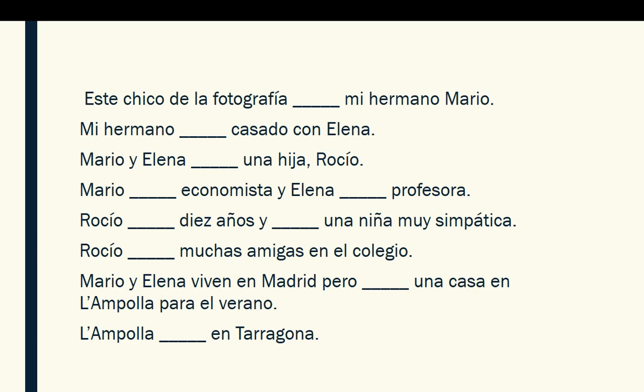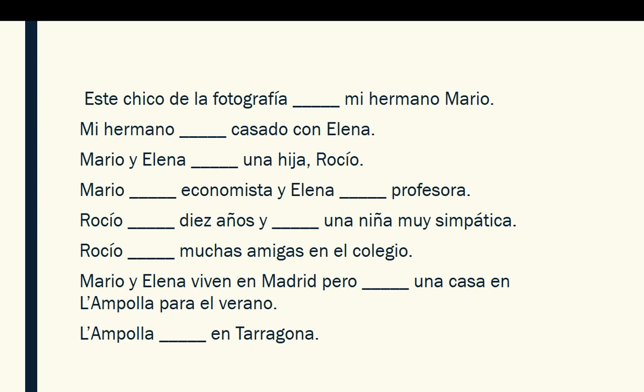Este chico de la fotografía ___ mi hermano Mario. Mi hermano ___ casado con Elena. Mario y Elena ___ una hija, Rocio. Mario ___ economista, y Elena ___ profesora. Rocio ___ 10 años y ___ una niña muy simpática.